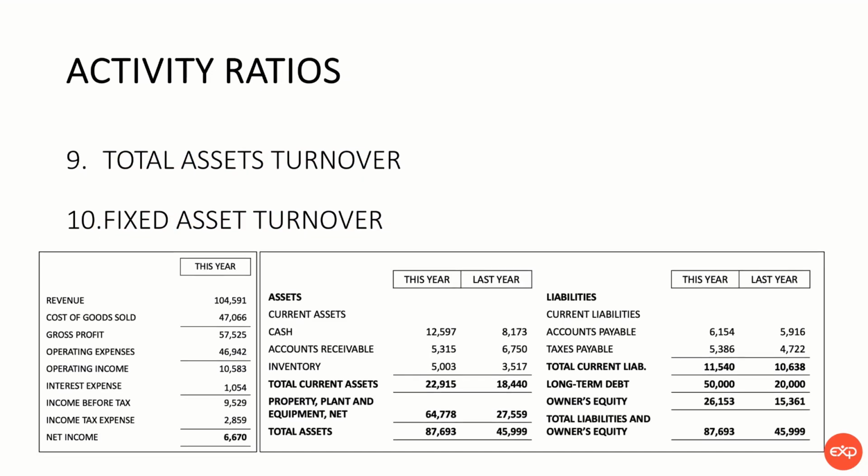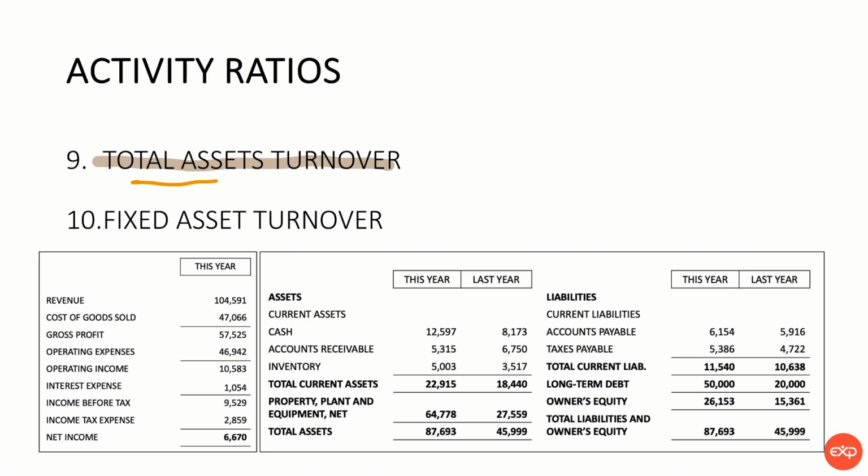Let's have a look. Total asset turnover is a financial metric that measures a company's efficiency in using its total assets to generate sales. As the name would suggest, it's looking at total assets.